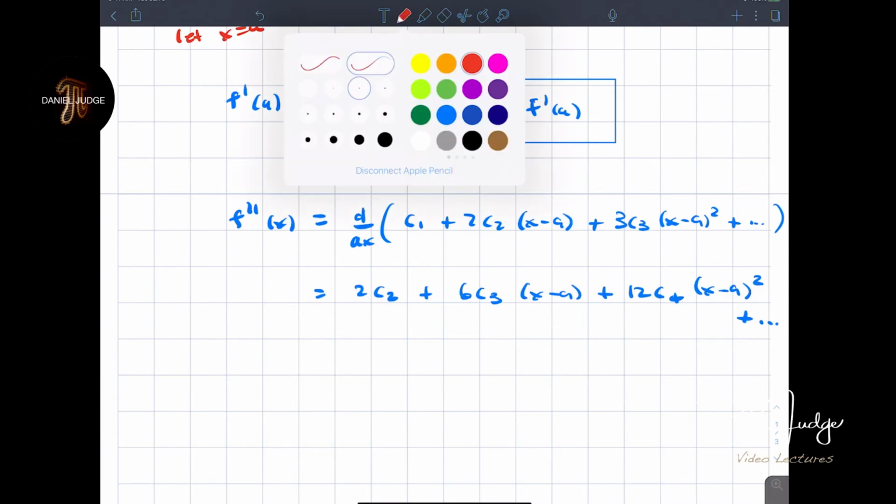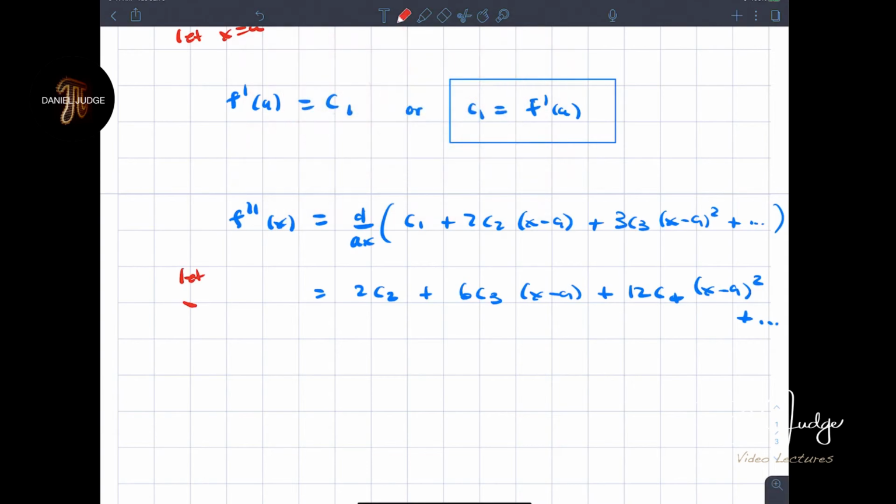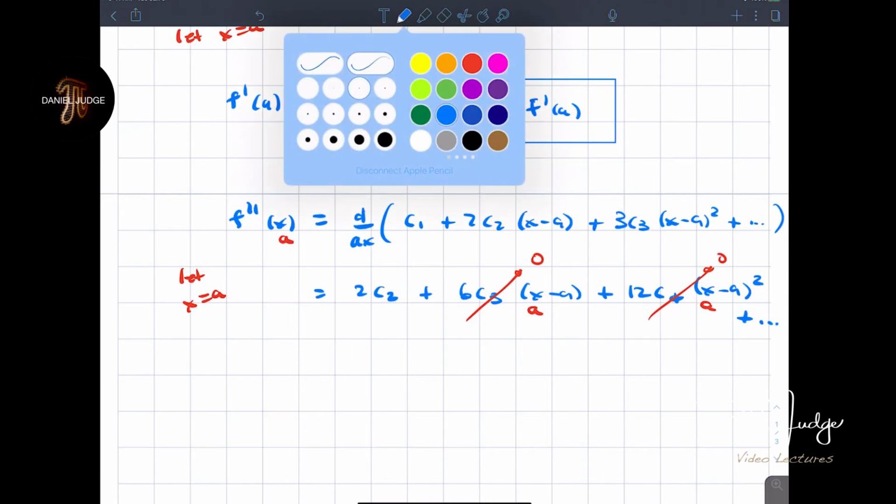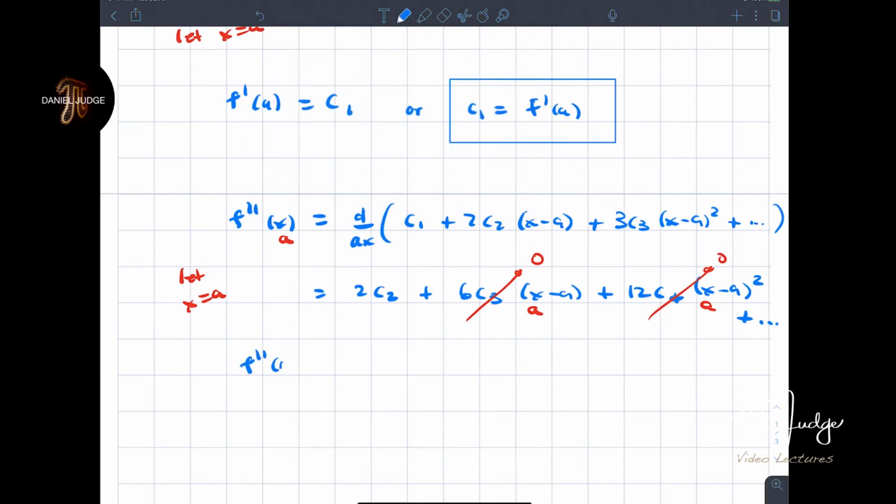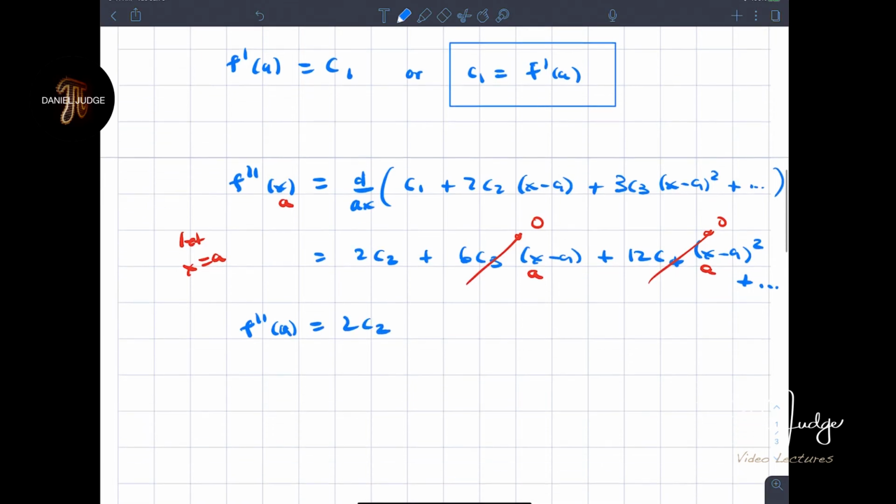So we're going to let x be a again. So if we replace an a here, wherever there's an x, we're going to see terms go away. This becomes 0 here. This is 0. And you have now f double prime a equals 2c2.